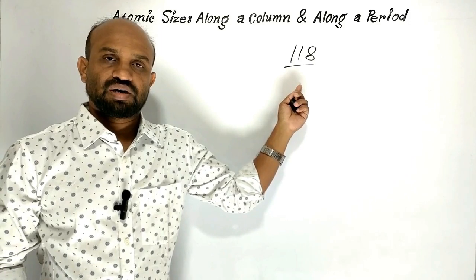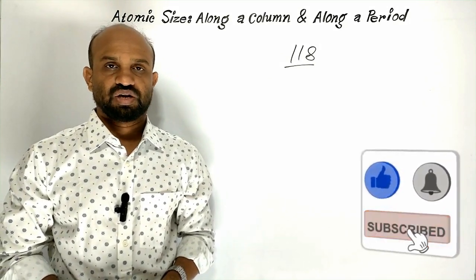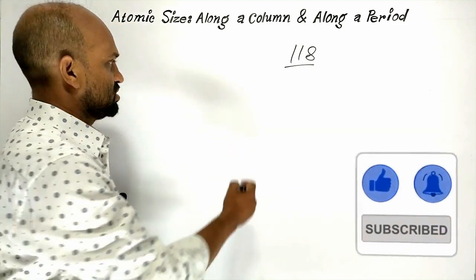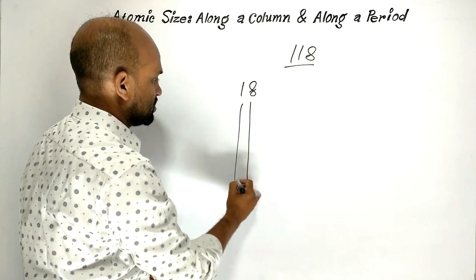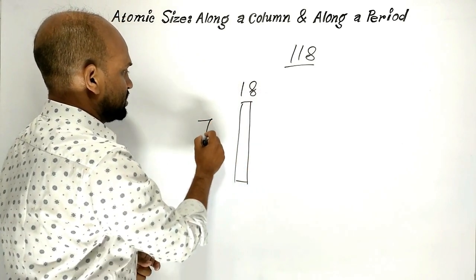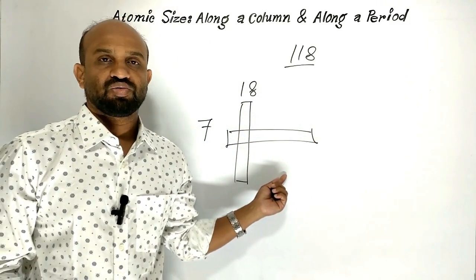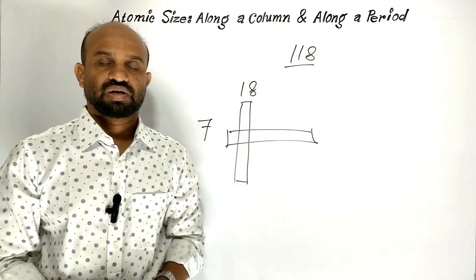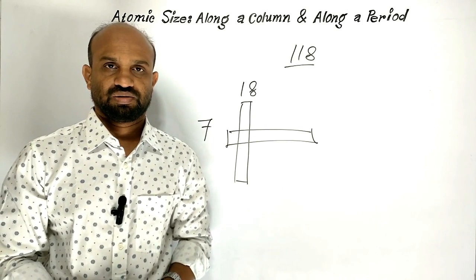These 118 elements have been placed in the periodic table in 18 columns and 7 periods.